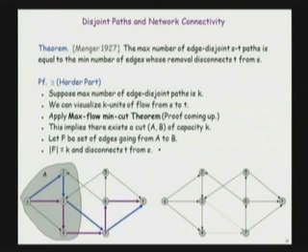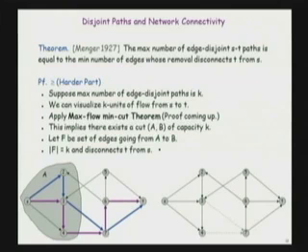A cut is simply a partition of the nodes of the graph into A and B, and the value of the cut is going to be the number of edges that leave A and go into B. In fact, this is going to be an S-T cut, because we want S to be in A, and we want T to be in B. So here's a picture of that cut.